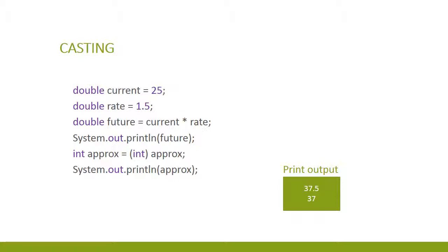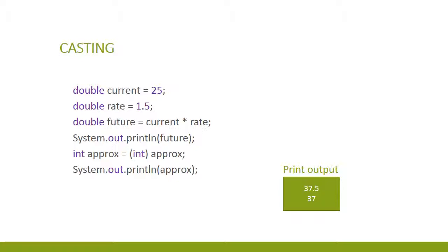Look at this example. Double count value 25, double rate value 1.5, double future equals count multiply rate. System.out.println variable future.